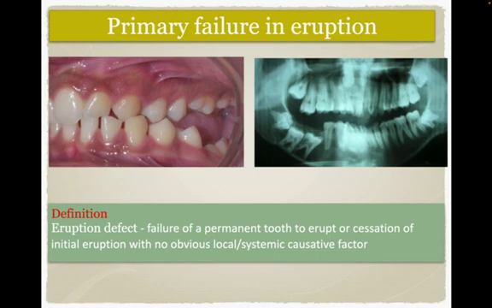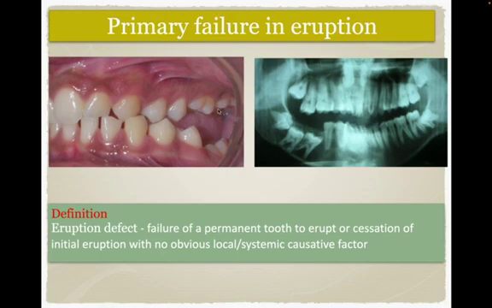Now we have finished infra-occlusal primary teeth, and we talk about failure of eruption: primary failure of eruption or secondary failure of eruption. Failure of eruption is defined as failure of the permanent tooth to erupt or cessation of initial eruption with no obvious local or systemic causative factor.